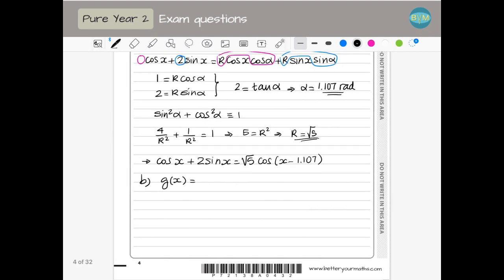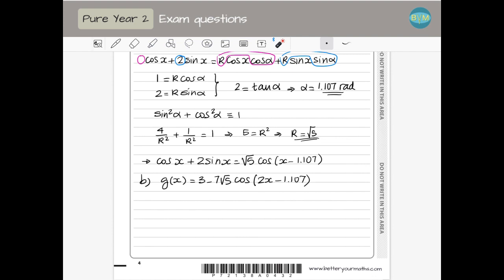So 3 minus 7, and now instead of writing f(x) the original way, I'm going to write it this way: root 5 cos, and since I'm doing f(2x), instead of x, I'm going to write 2x. They are asking me for the maximum of this function. I have one fixed positive value, which is 3, and then I'm subtracting something multiplied by a value that goes between minus 1 and 1.